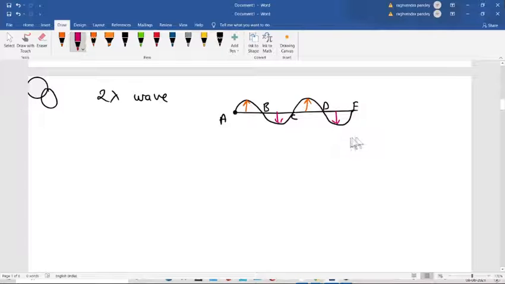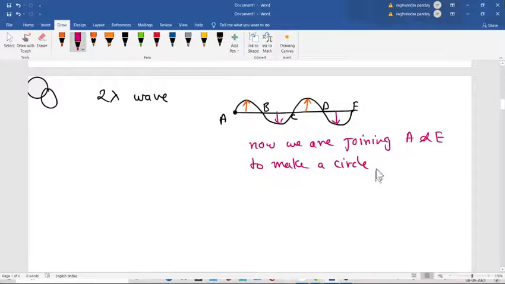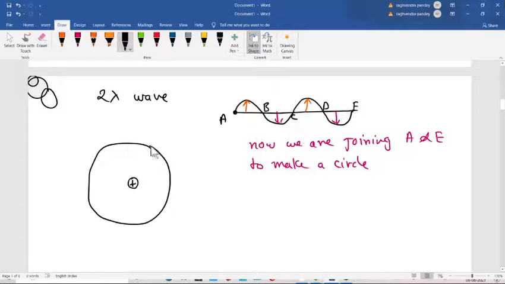Now we are joining A and E to make a circle. So let's make a circle. This circle is the electron here.